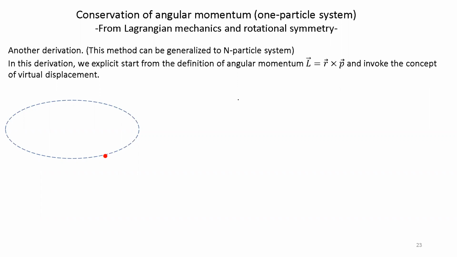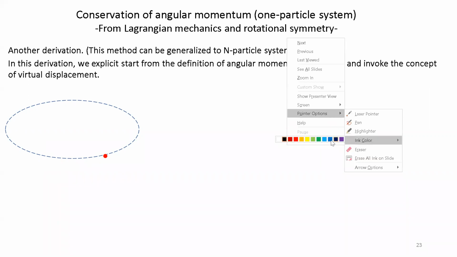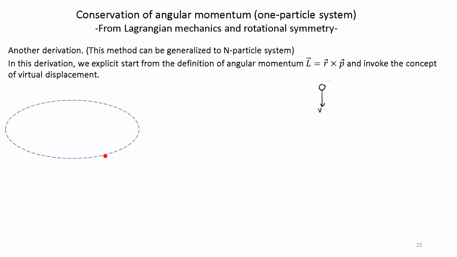Last time when we talked about the virtual displacement, something happens like this. Suppose I have this particle which is originally moving like this. Virtual displacement means that you are going to translate it to another position.